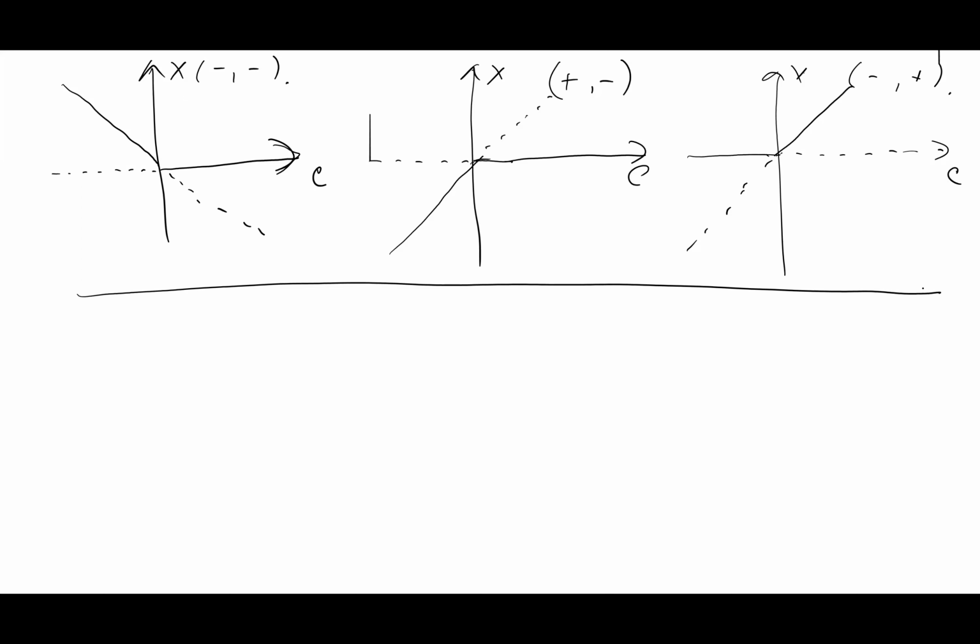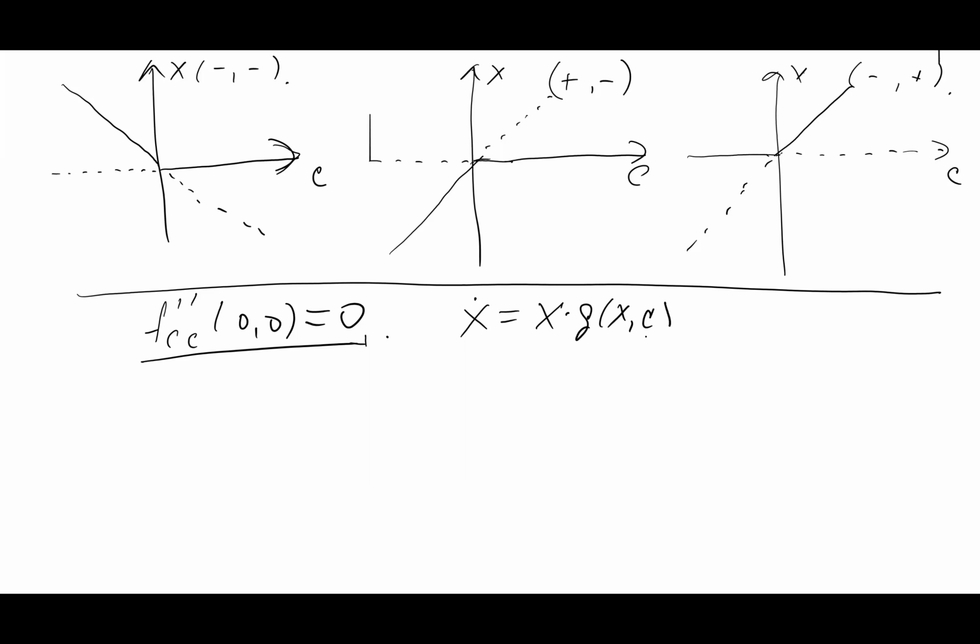For now, I am getting back to the condition, which is second derivative over c at 0, 0 is 0. So this is, in fact, it should not be like this, but it appears to be this case for a special case, which quite commonly appears: x dot equals x times g of x, c.